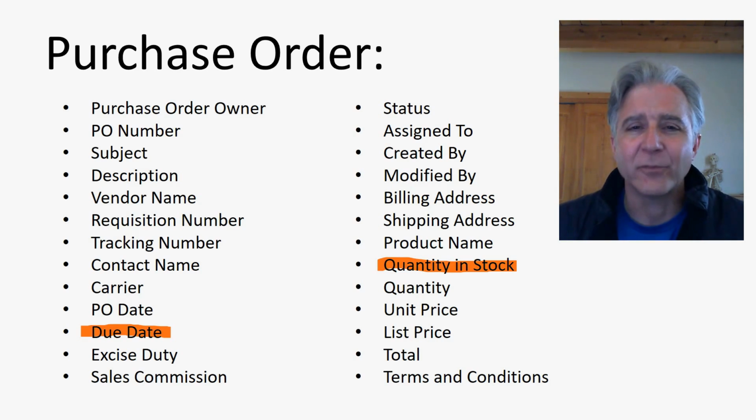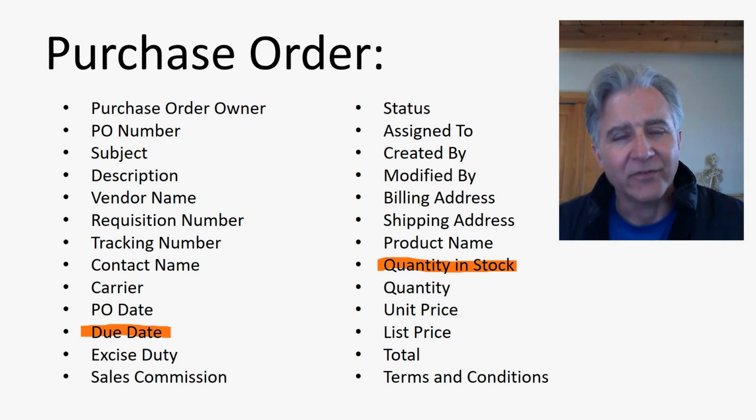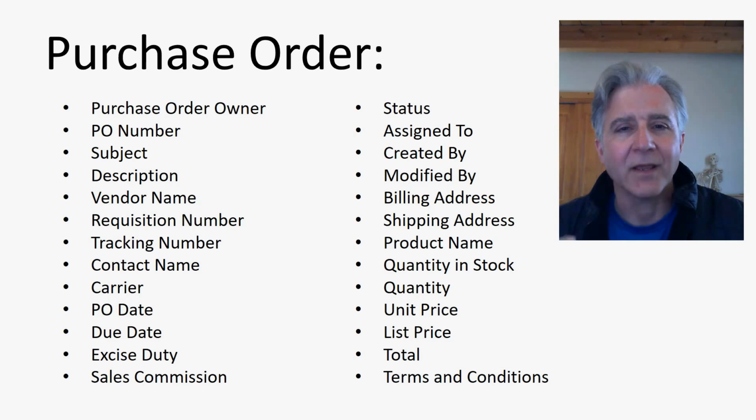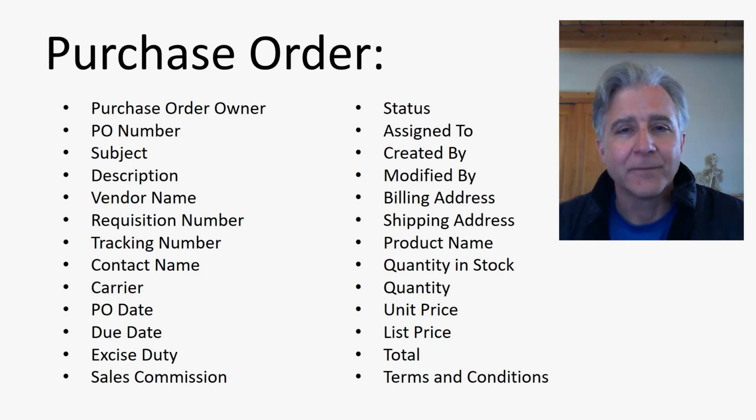I think that using this specific example of a purchase order business object gives you a better feel for the things you need to think about when you are architecting a business object. It's not just about the data in that business object. It's about any rules that govern what values are valid for that business object. Those are sometimes known as constraints.